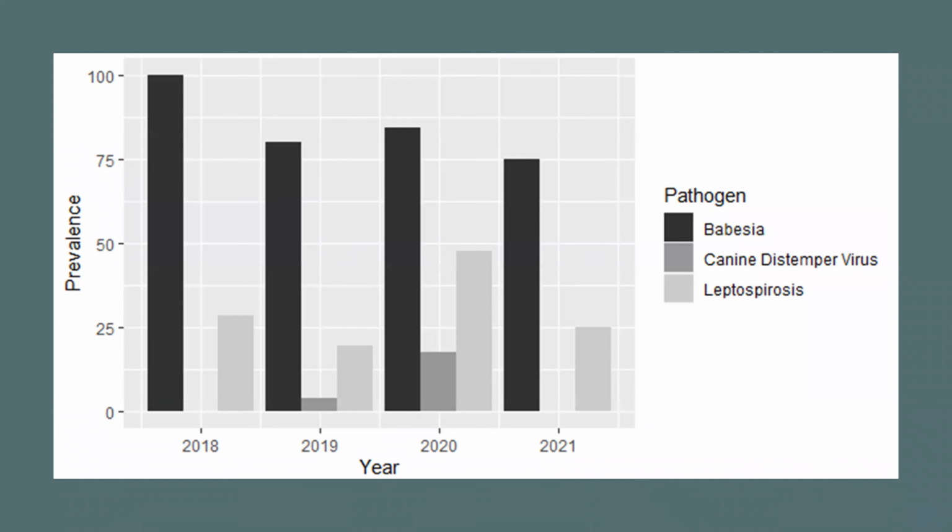When I broke this down by year, I could see that babesia was pretty consistent across all of the years, and leptospirosis was also fairly consistent as far as the level of prevalence across all of these years. But canine distemper virus was only detected in 2 years of the study.